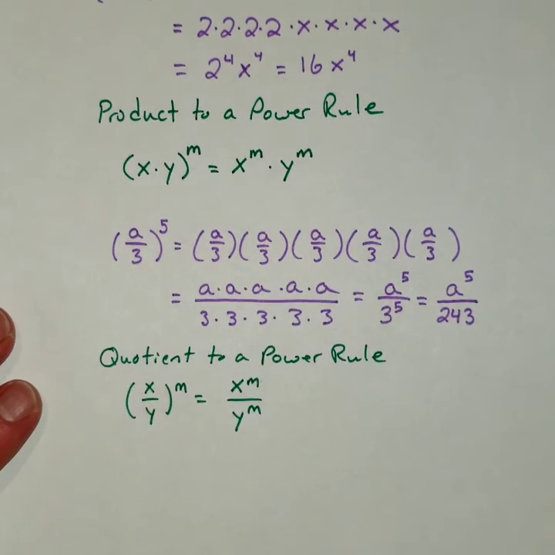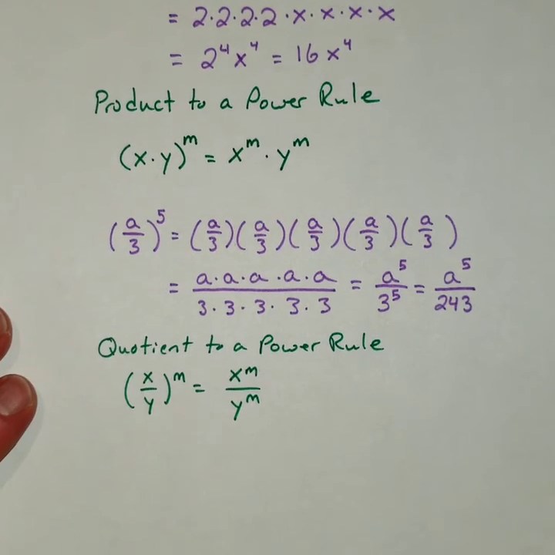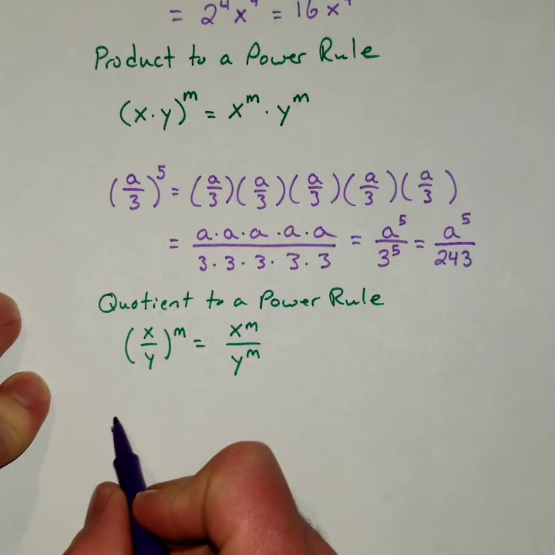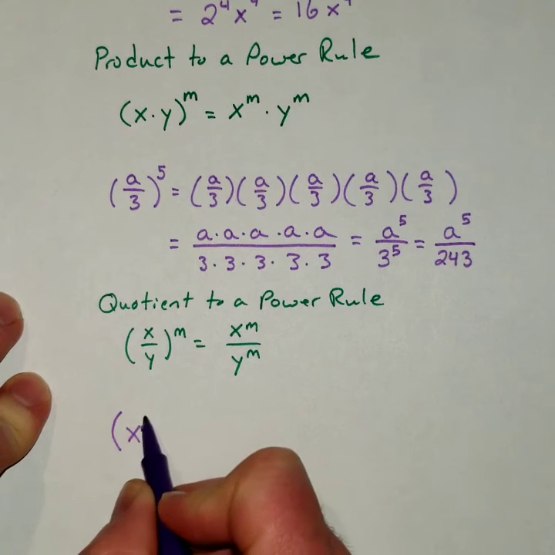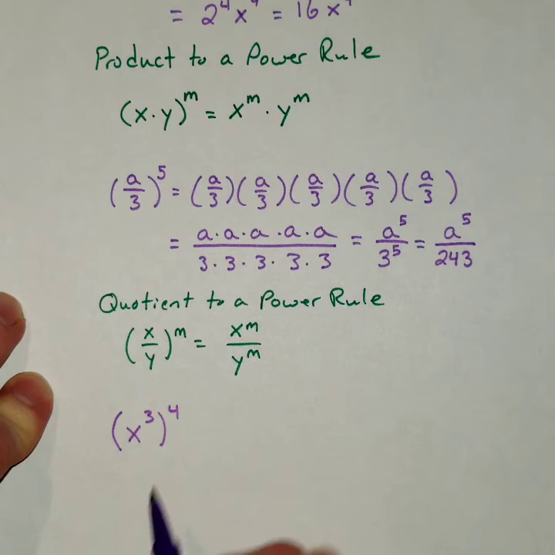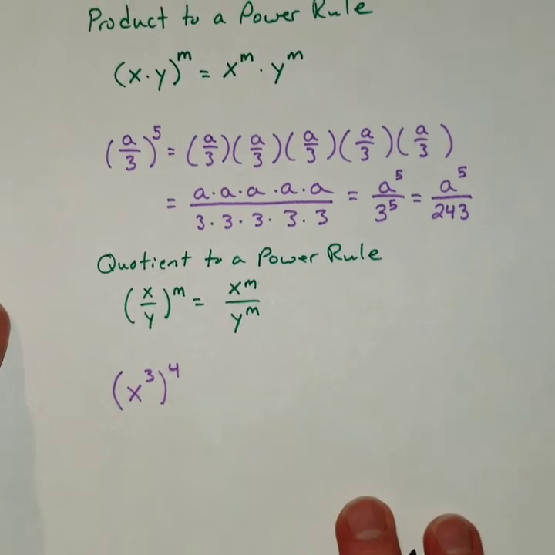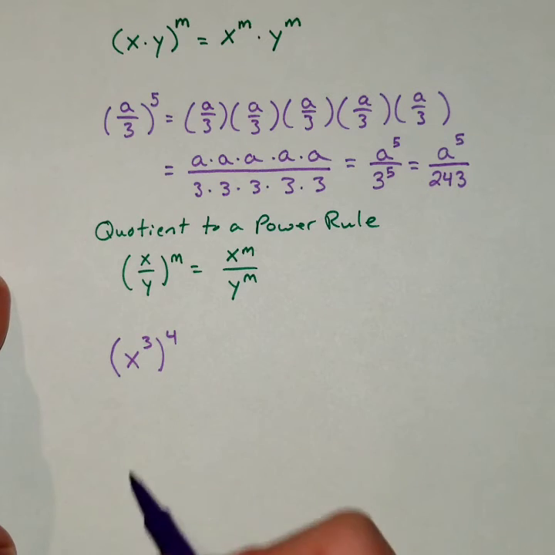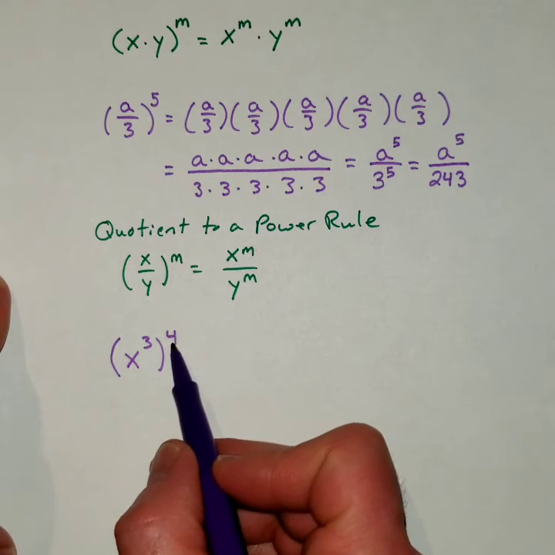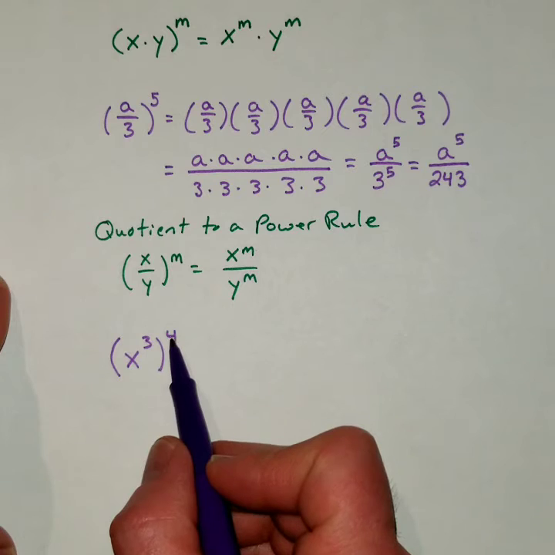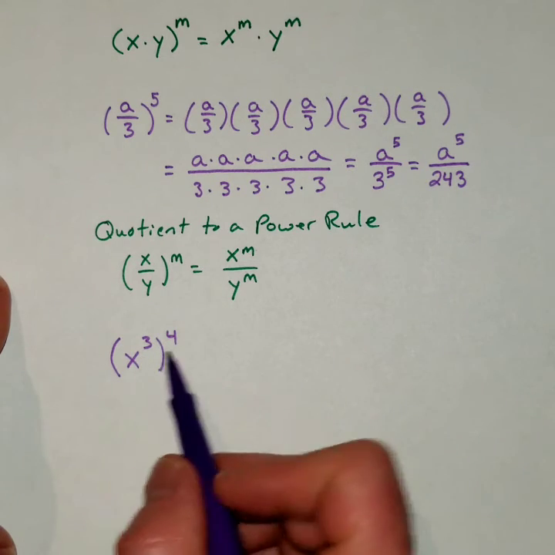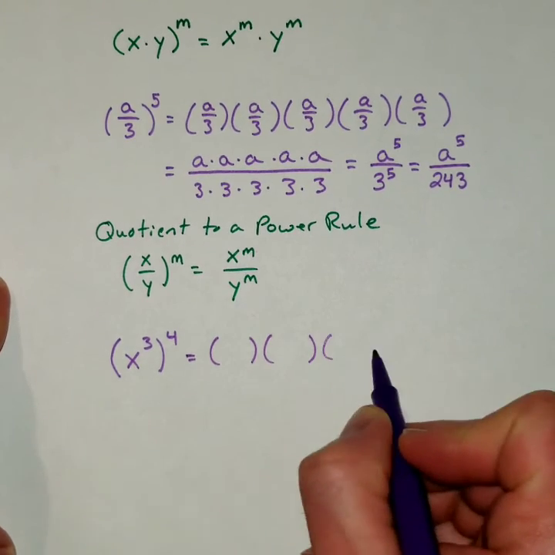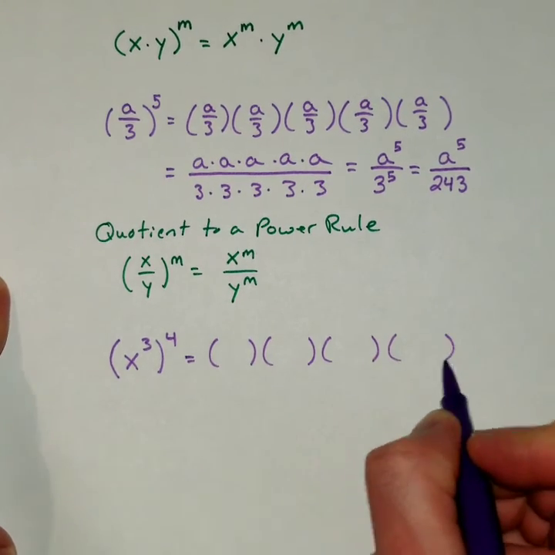Okay. Now the final rule we're going to look at involves raising a power to a power. Something like x raised to the 3rd, raised to the 4th. Okay, I have a power on the inside raised to another power. Well, let's look at this from the outside. The 4th power means I need 4 copies of x to the 3rd. So 1, 2, 3, 4.